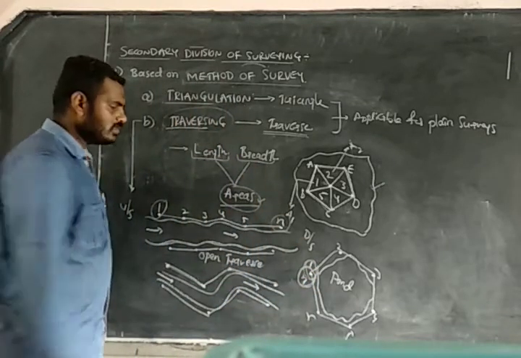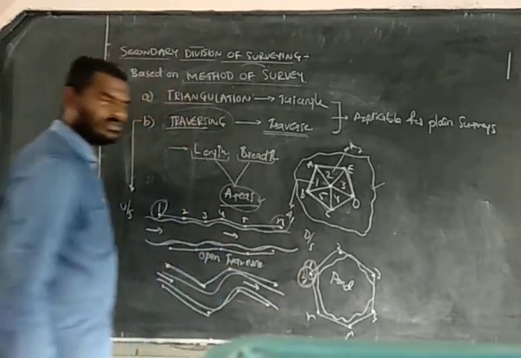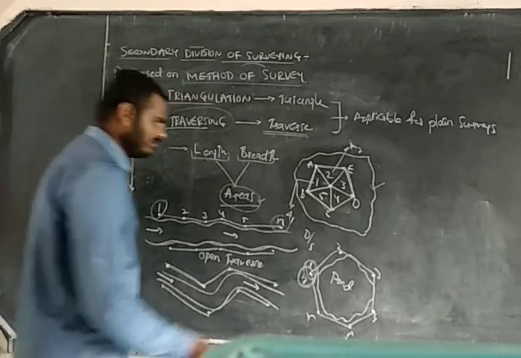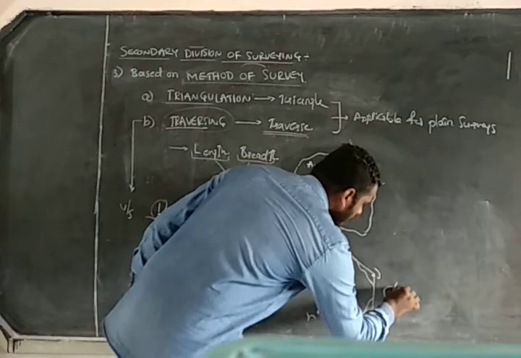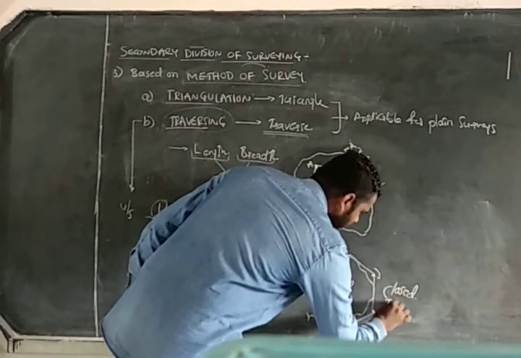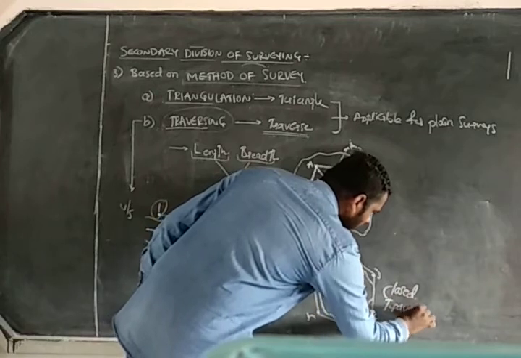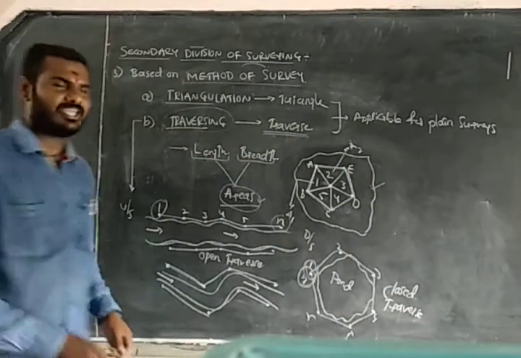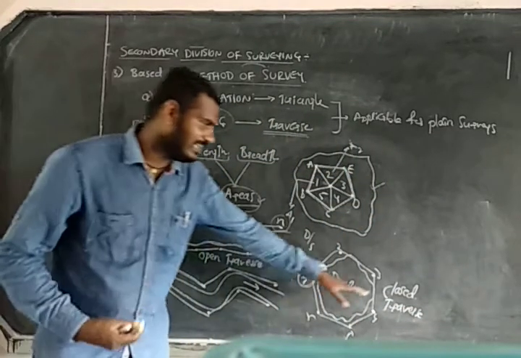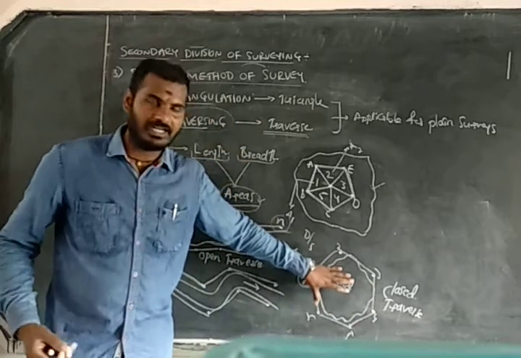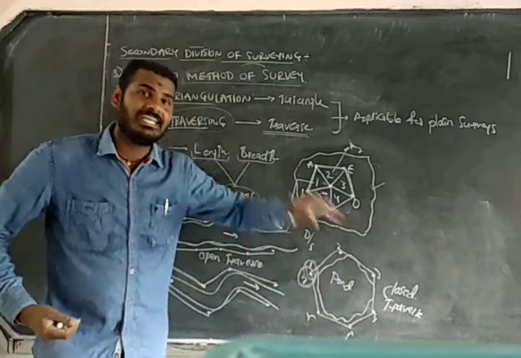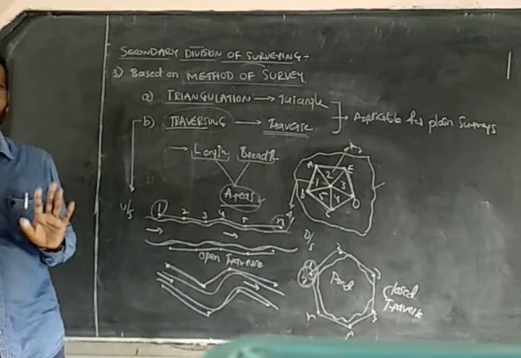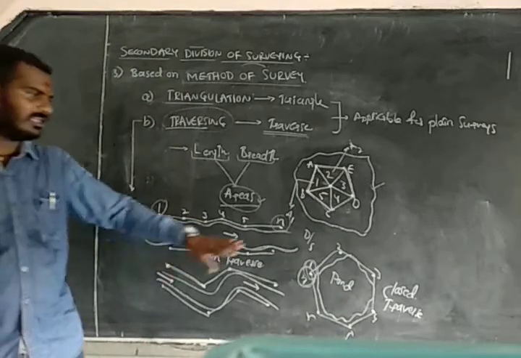So such a particular type of traverse is known as closed traverse. We call this one as closed traverse. Closed traverse. Okay. So closed traverses are really very useful to locate the ponds, not exactly the pond, a static water body. To locate a static water body.